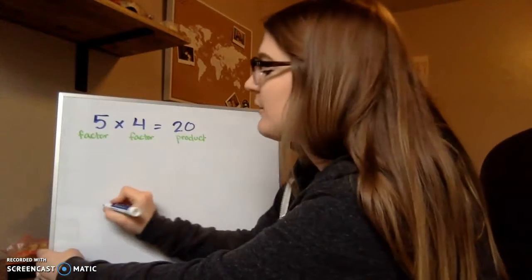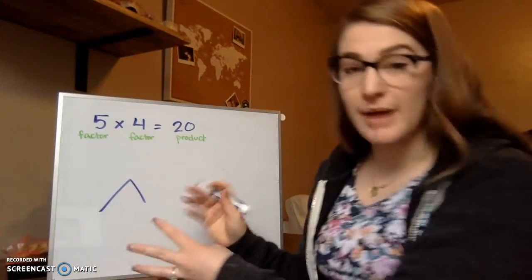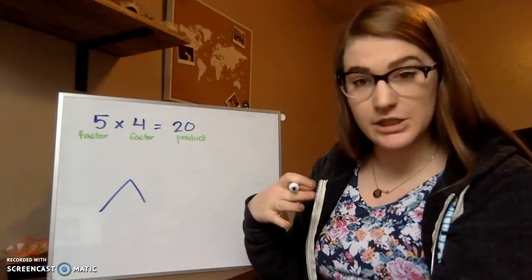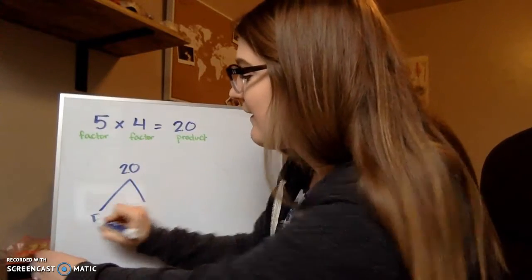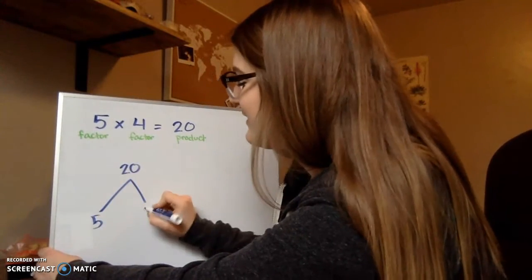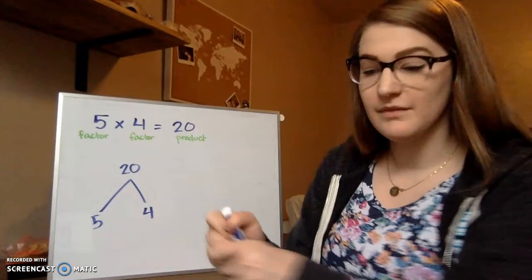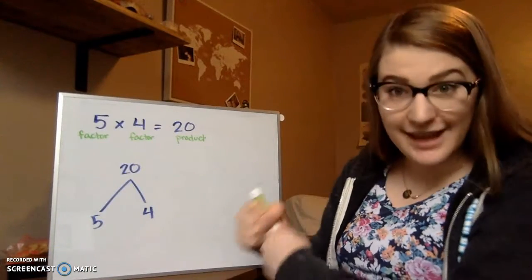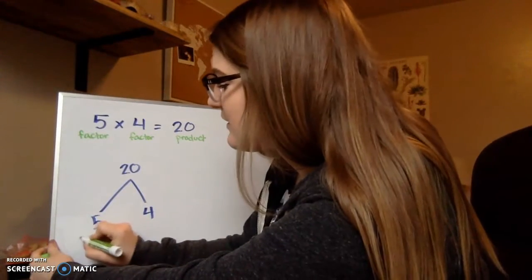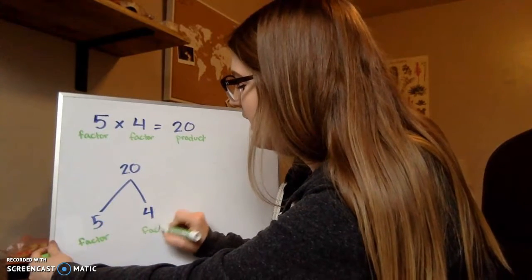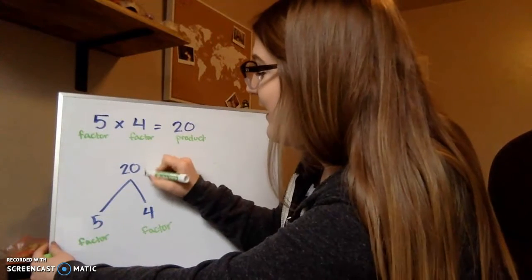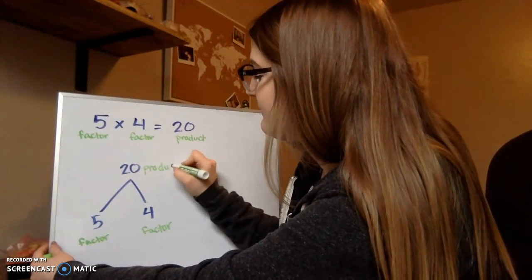So if I were to label my Math Mountain just like I did with my addition, I'll put my product up here, my factors down here, and I would label them: factor, and product.